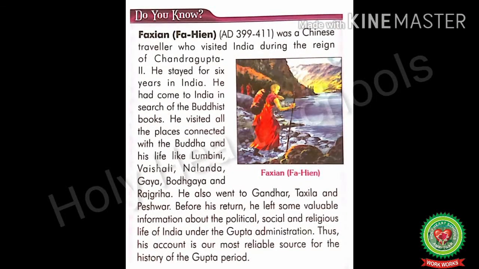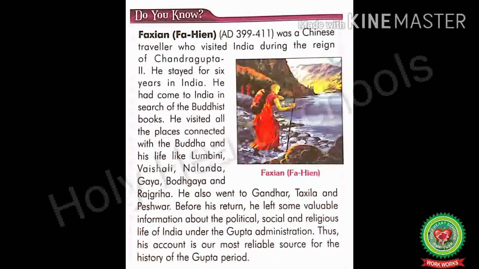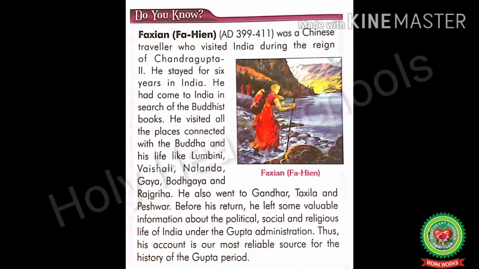He also went to Gandhara, Taxila and Peshawar. Before his return, he left some valuable information about the political, social and religious life of India under the Gupta administration. Thus, his account is our most reliable source for the history of the Gupta period.